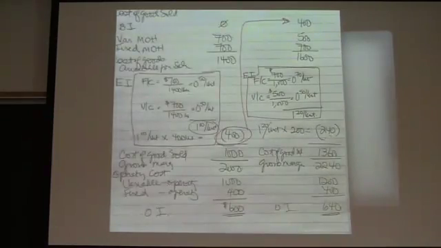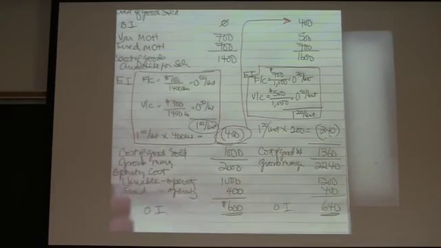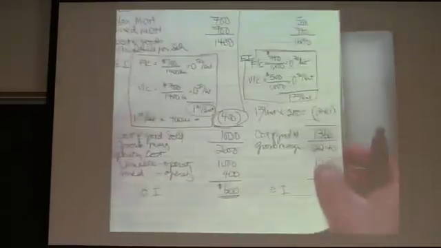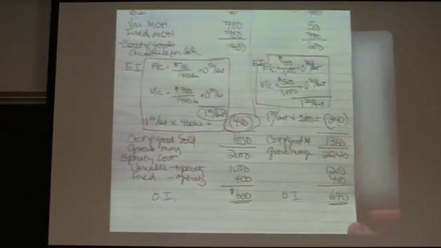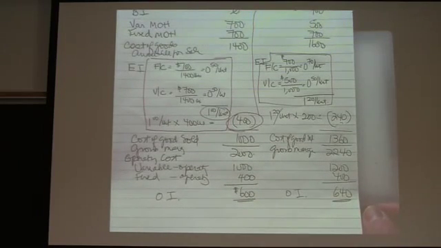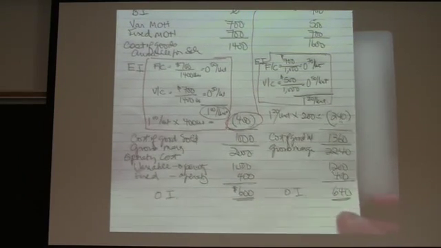Okay? So let's answer part C. Part C says, prepare a numerical analysis of the difference between the two income. So let's take a look. So let me summarize both years for part 3.